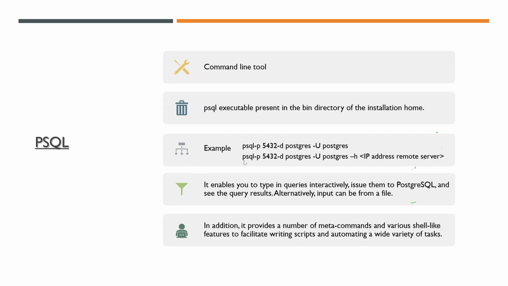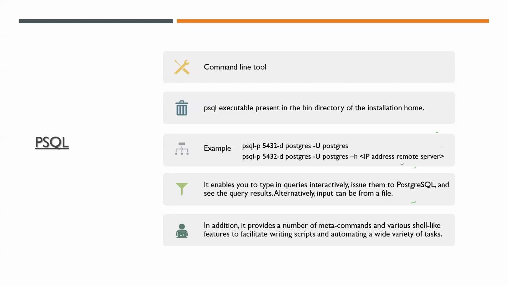Here the major thing we need to pass: you no need to follow any order. Means, what order do I need to pass? First the host name, the port number, the database name, or the username.